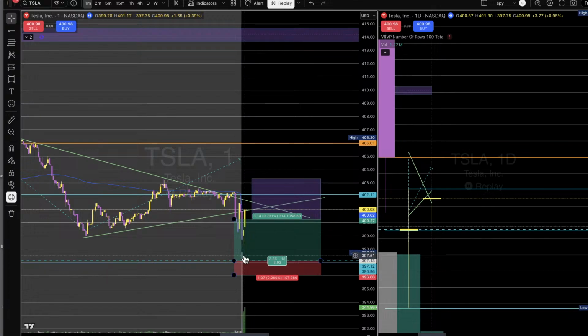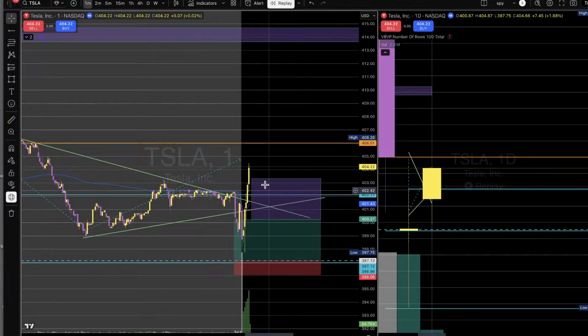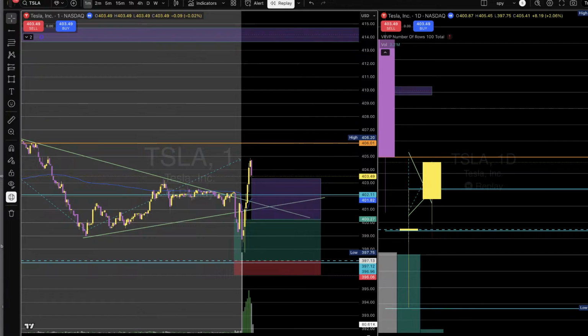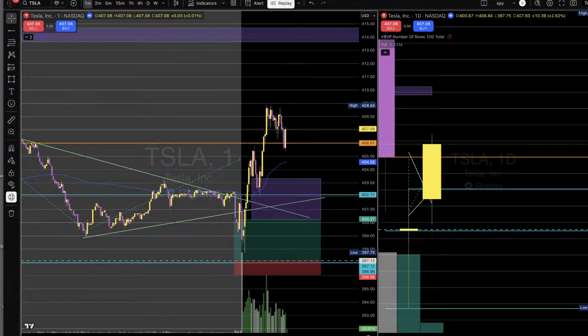There we go. Enter there. We target this area. Bounce. Reject, reject. All the way down to that line. Yep, right there. Enter again. Breakout, and then, yeah, take your profit. Stay above that line.